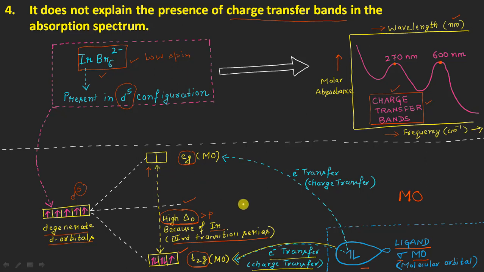So what can happen is from the filled sigma molecular orbitals of the ligand, once again the electrons, or let us say the charge, can be transferred to the empty EG molecular orbitals of the metal-ligand.